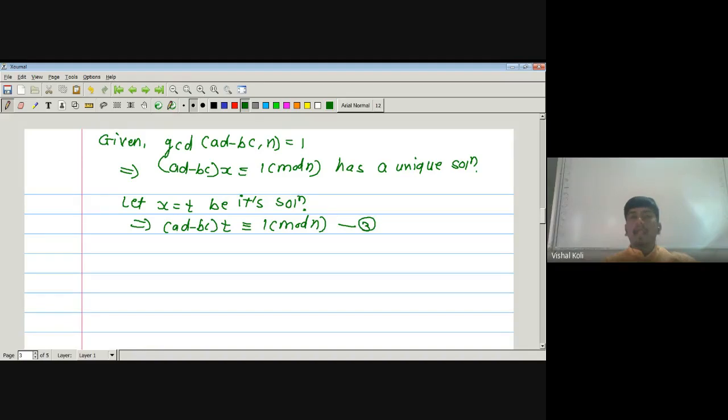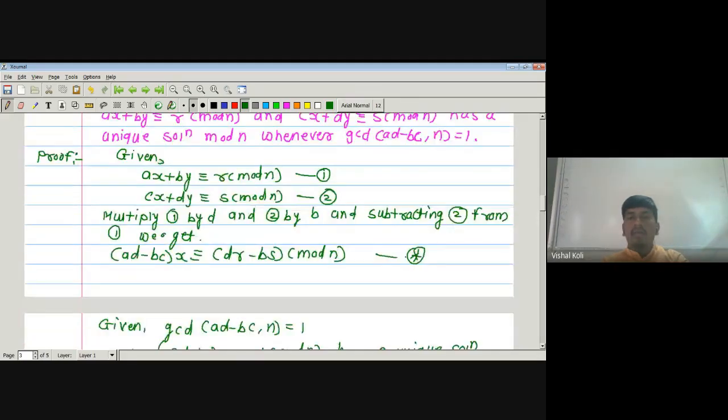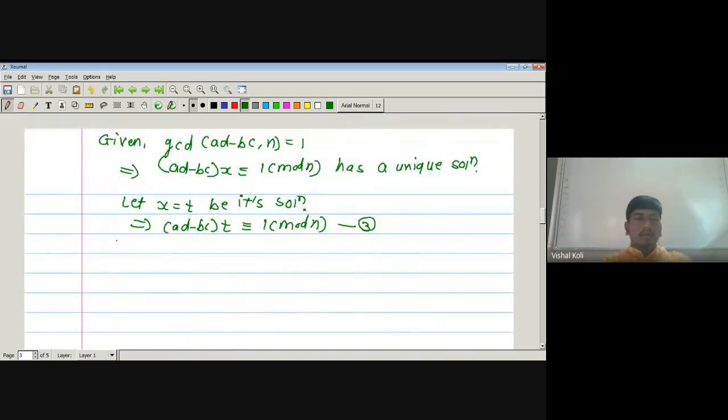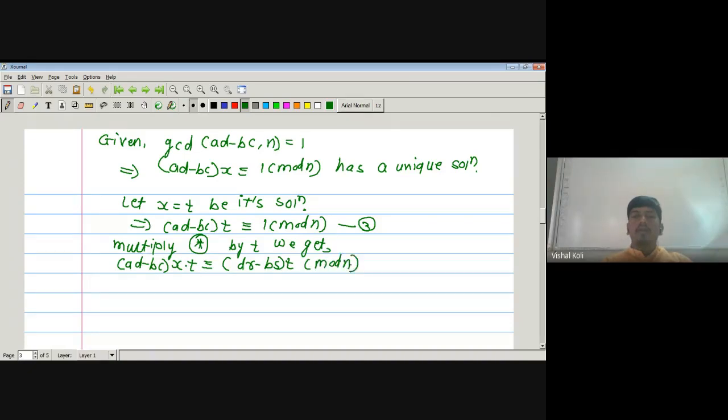Now multiply equation star by t. We get (ad minus bc) into x into t is congruent to (dr minus bs) into t modulo n. This will be equation 4.